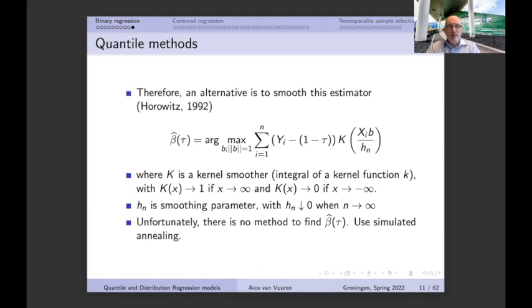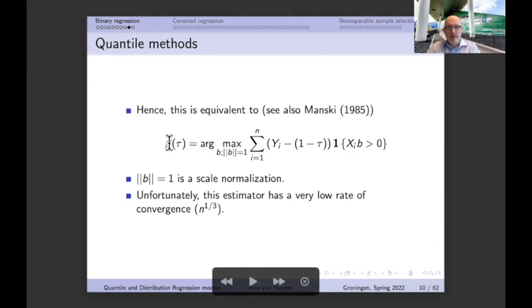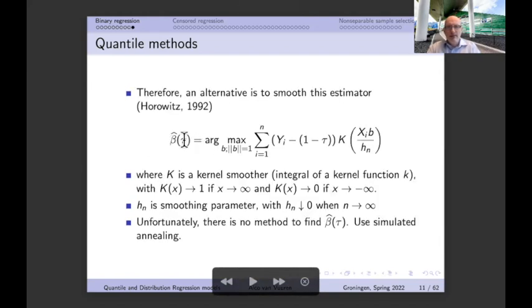A bad thing with respect to this estimator, but that actually also holds true for this estimator that I have over here, is this: if we can find this maximum that we have over here, then everything is fine. However, it's not that easy to find the maximum of this criterion function that we have over here.